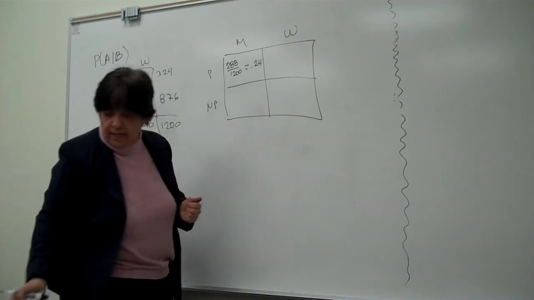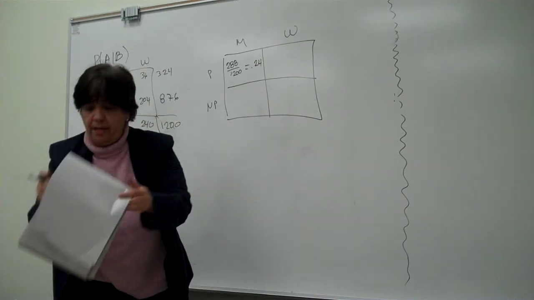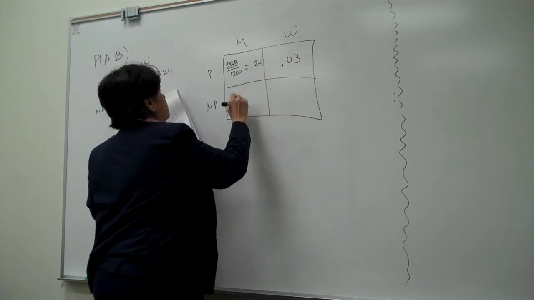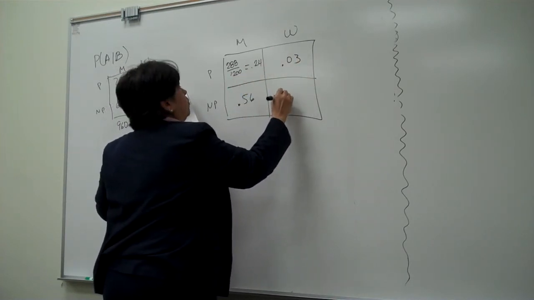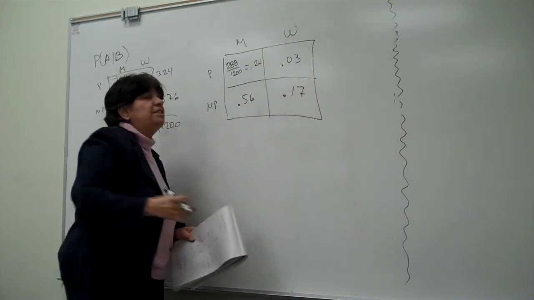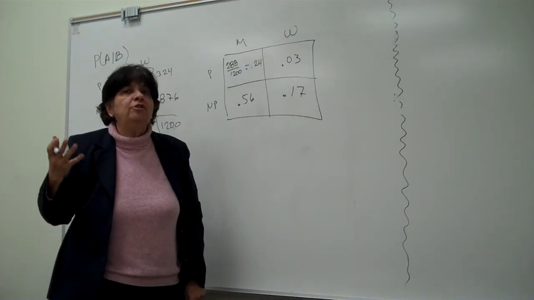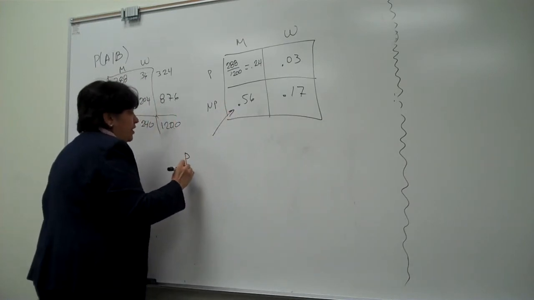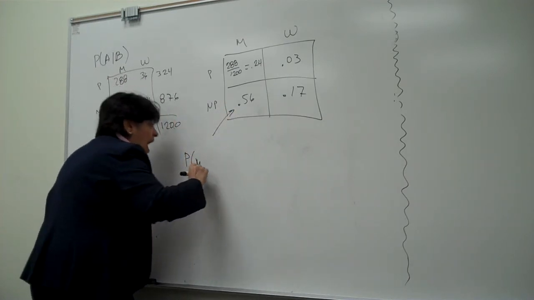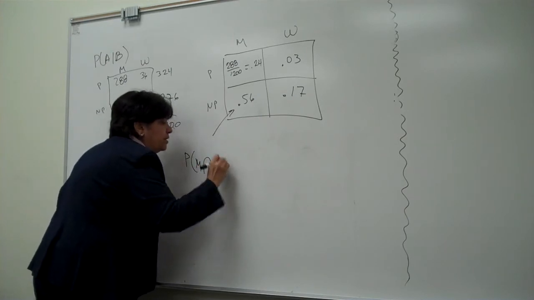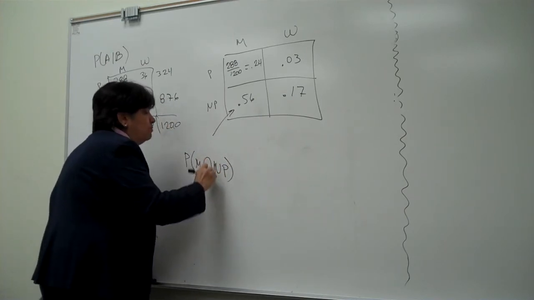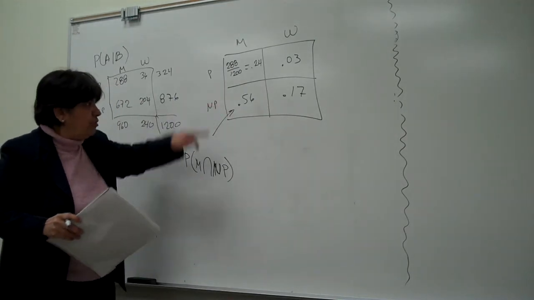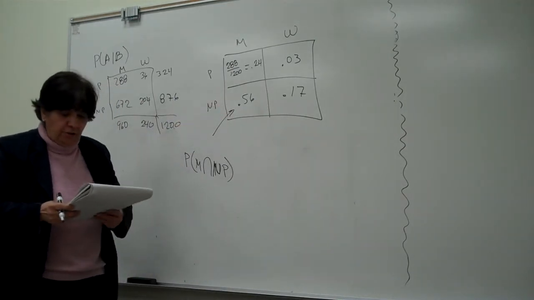The rest are exactly the same, and this is 0.03. I'm not going to do it. 0.66, 0.17. The probabilities inside the table are called the joint probabilities, and this probability is the probability that it is a man and non-promoted, or the intersection with non-promoted. So these are joint probabilities, and they are intersections.